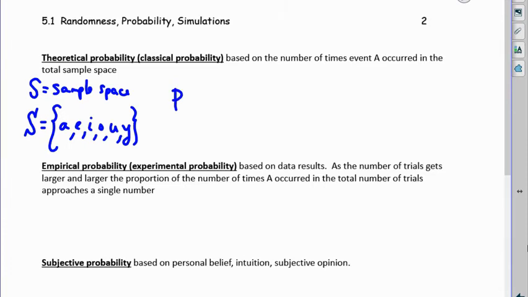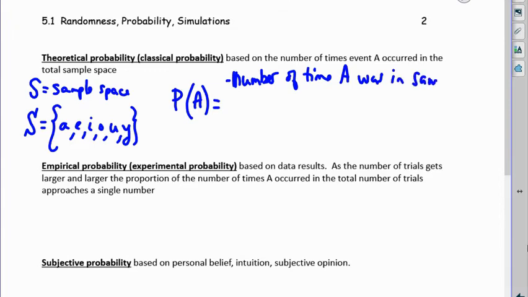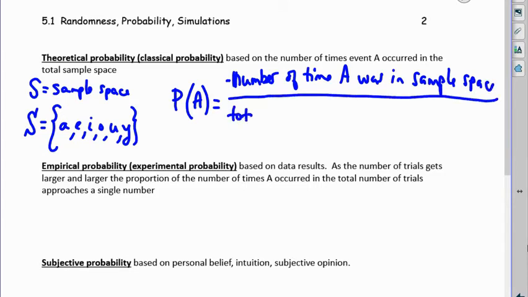So the probability of event A is the number of times A was in the sample space over the total size of the sample space.